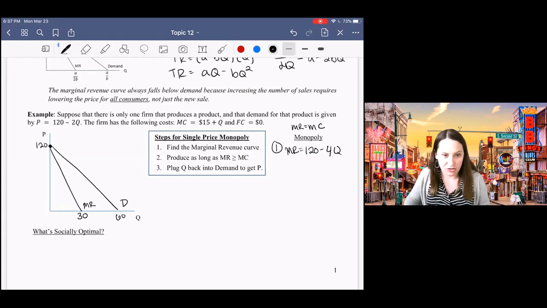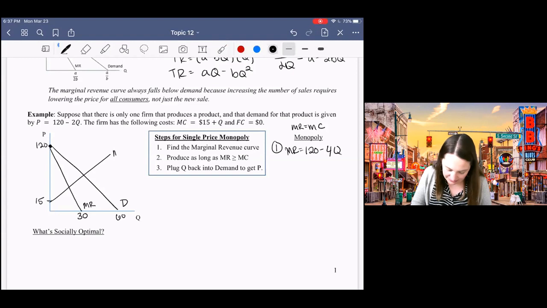Now we're going to graph marginal cost. Our marginal cost curve here starts at 15 and then increases. All right, good, so we've got all of our equations plotted here. Now we want to figure out, what is this firm going to do in order to maximize its profits?